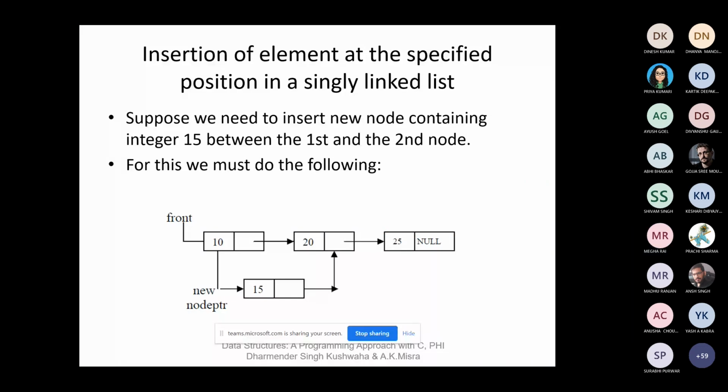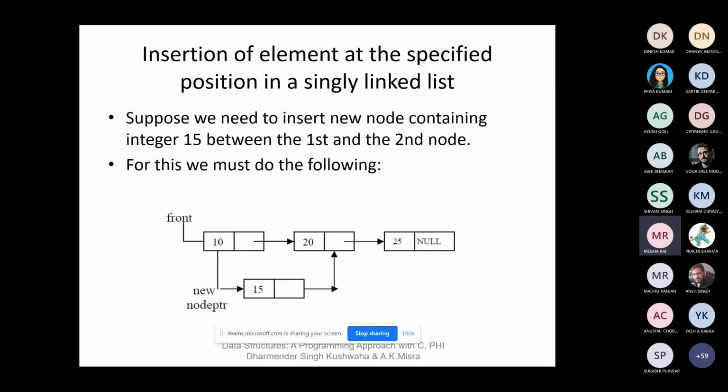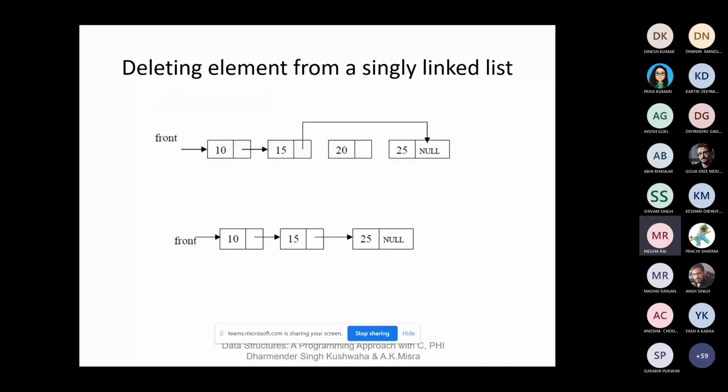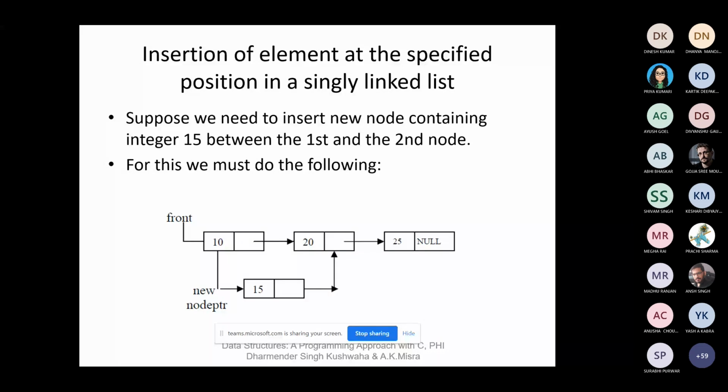Now, insertion of an element at a specified position in a single linked list. Before starting insertion at a particular position, we start with traversing the list.